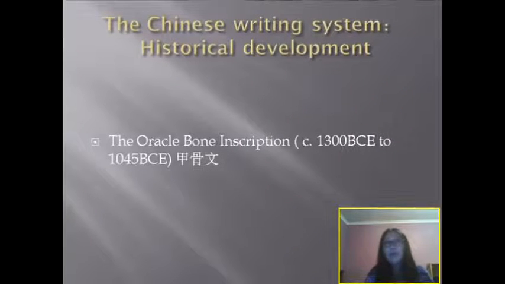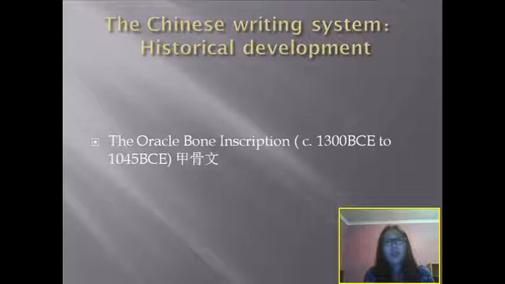Okay, let's talk about the oracle bone inscriptions. They are the earliest Chinese writing system, and they can be used as evidence to prove that the Chinese writing system has a history of over 3,000 years.